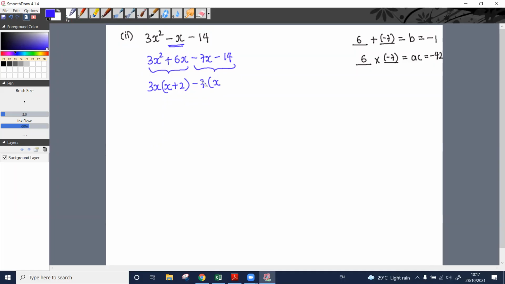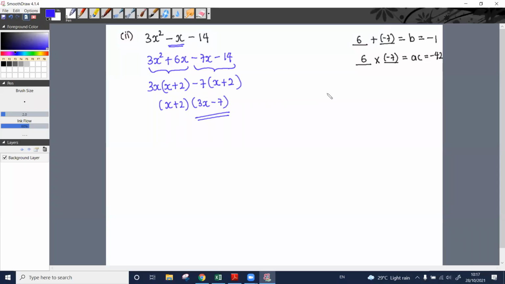And for minus 7 to become minus 14, it needs to be multiplied by plus 2. Then how can we factorize? It should be x plus 2 into 3x minus 7. This should be the answer.